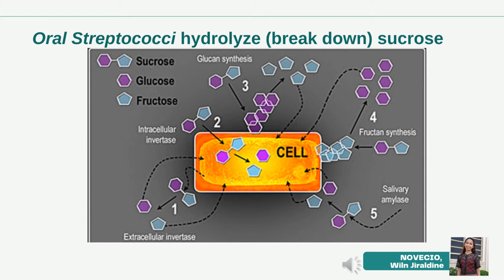The extracellular transferases polymerize the glucose molecule while liberating the fructose molecule so it is free to enter the bacterial cell, which streptococci are particularly proficient at. Then, extracellular transferases polymerize the fructose while the glucose molecule is liberated, so it is free to enter the cell. And lastly, the salivary amylase cleaves the polysaccharides.